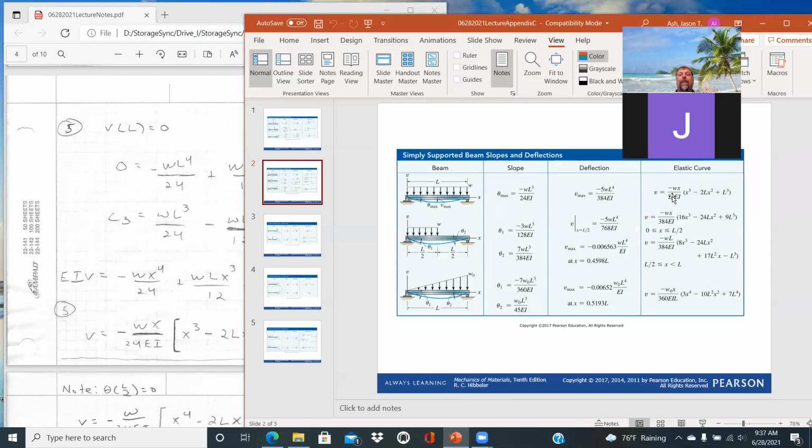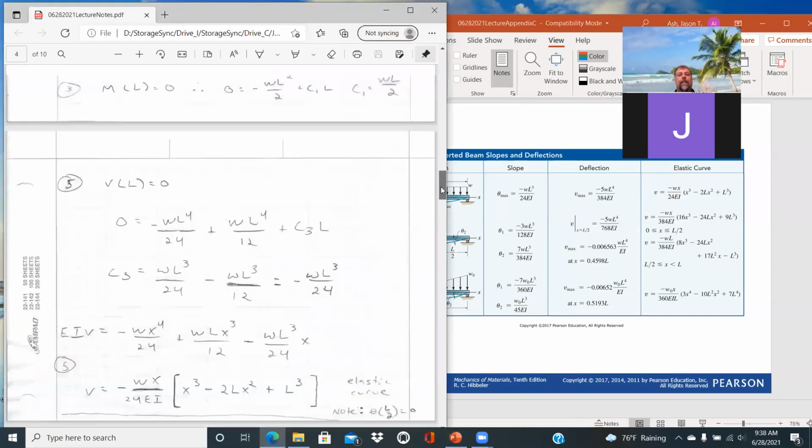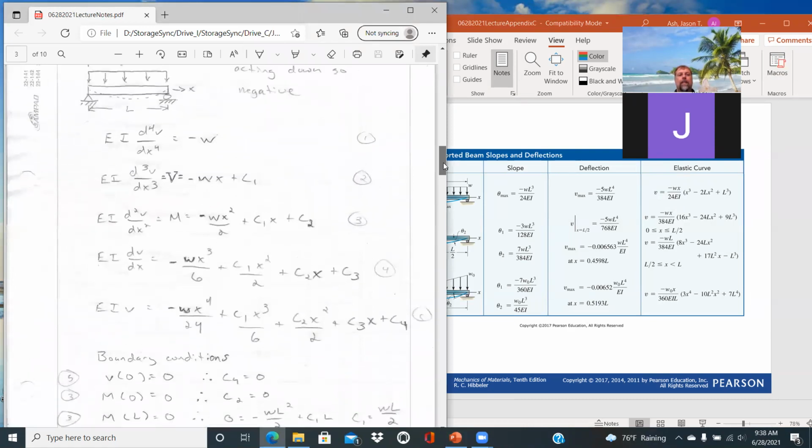It's a lot easier to take your derivatives moving forward. So remember, slope is equal to dv dx, and moment is d squared v dx squared times EI. And so you can get that a lot easier once this is already solved out for you. But I'll give you some more tables so that you don't have to do that. That part's already done for you as well.